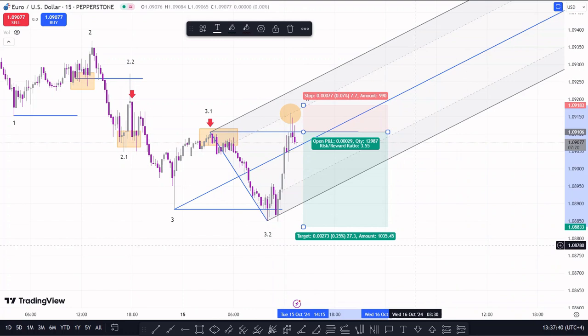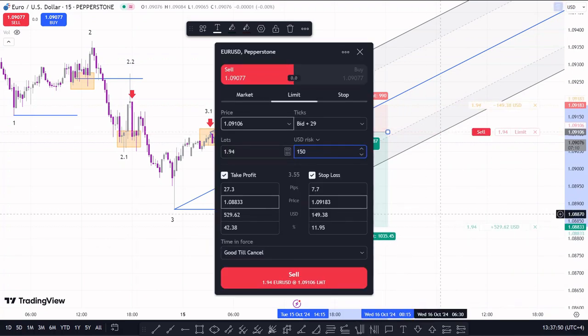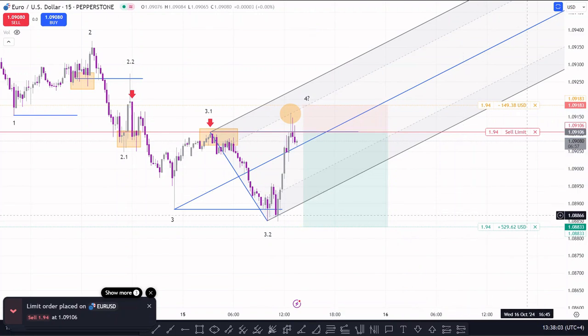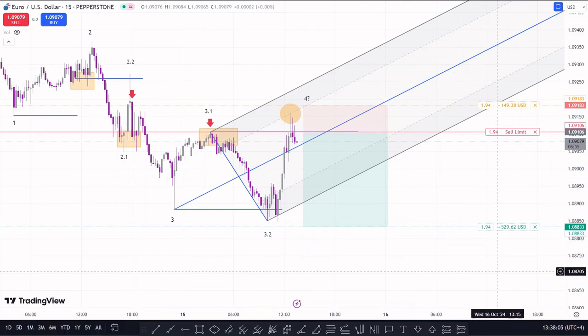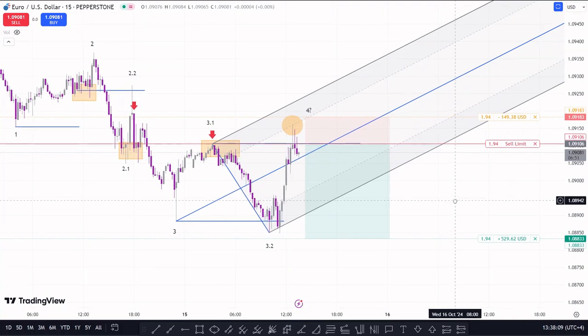And this will give us a 3.55 risk reward ratio. So we're gonna place our limit order here. So for here we can risk 150 USD. Yan. So pag mali tayo, this will be our risk. And if we are right with our analysis, we can get 3.5 times ng nire-risk natin.